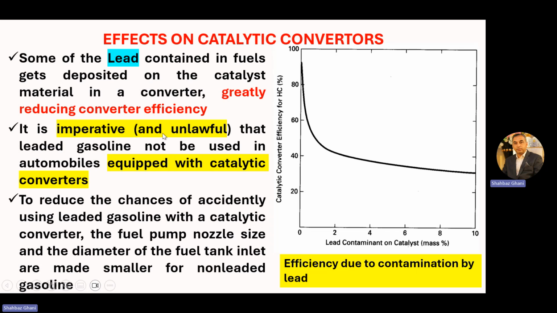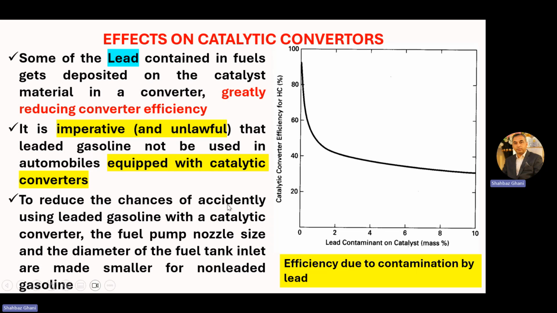It is imperative and unlawful that leaded gasoline not be used in automobiles equipped with catalytic converters. Remember this. If your vehicle has a catalytic converter, never ever use gasoline with lead content inside. Leaded gasolines are very dangerous for your catalytic converter because they reduce its efficiency.